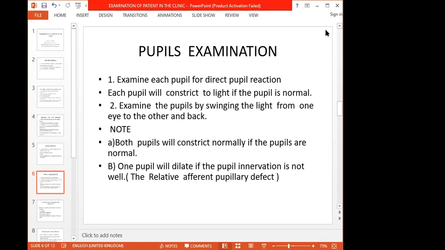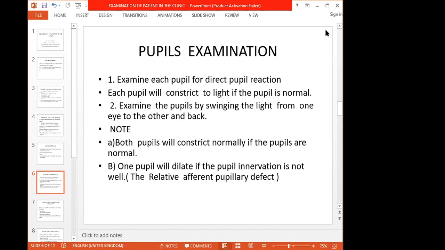One pupil will dilate if the pupil innervation is not well: the relative afferent pupillary defect. That's what is referred to as RAPD. Why is it afferent? The taking in is afferent. Taking out is efferent. It's not complete.